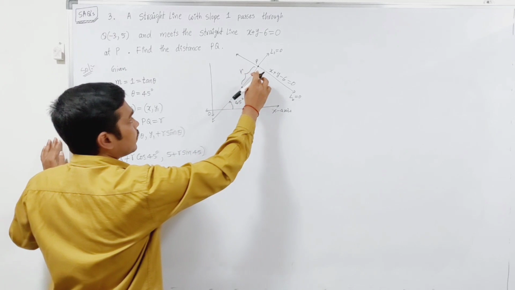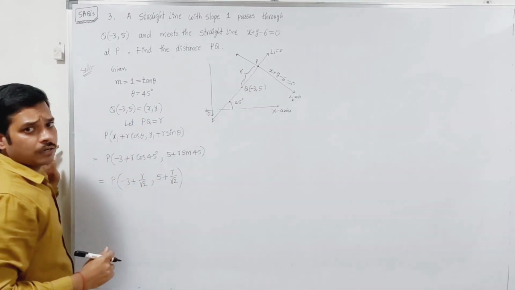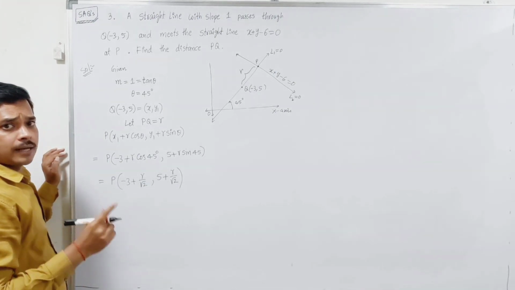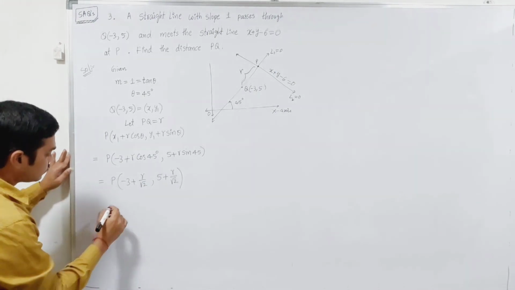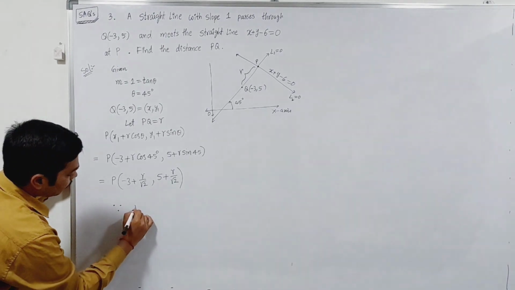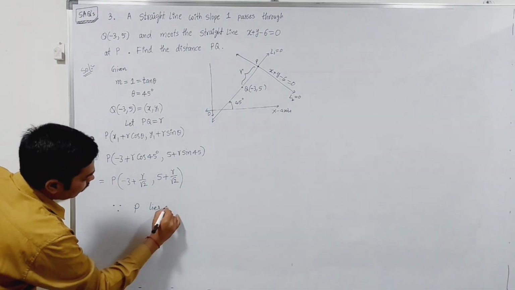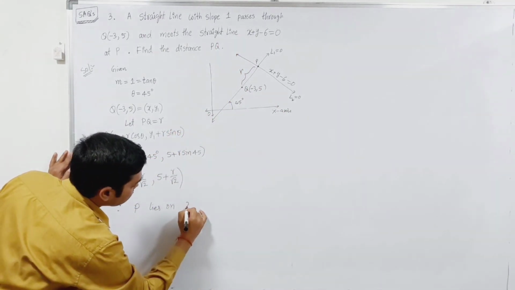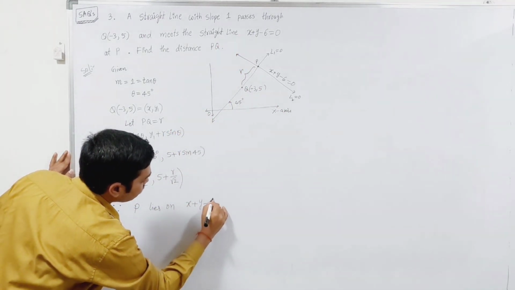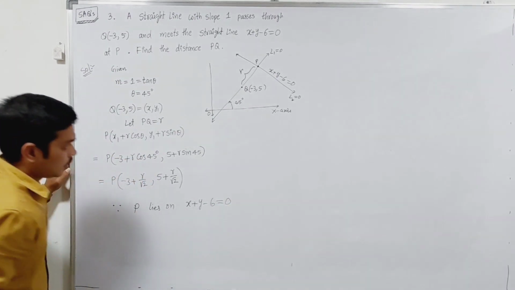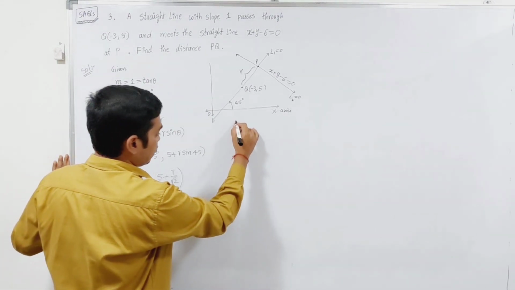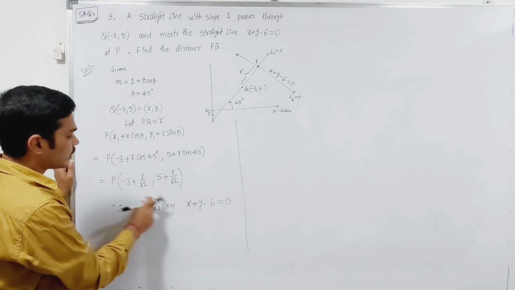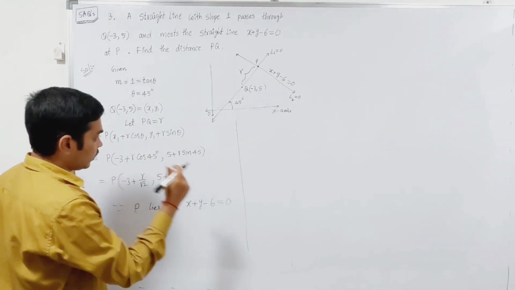From the diagram, P is the point of intersection of L1 and L2, which means P is the common point of L1 and L2, so P lies on the second line also. Therefore, since P lies on L2 = 0, P lies on x + y - 6 = 0. Now simplify this equation to get the r value. In place of x, replace the x coordinate, and in place of y, replace the y coordinate.